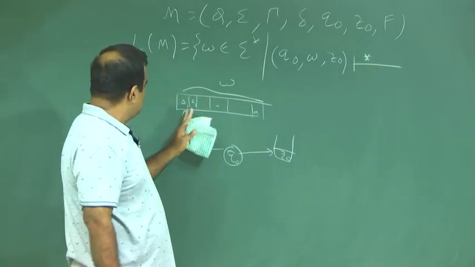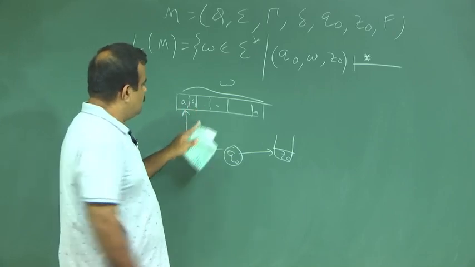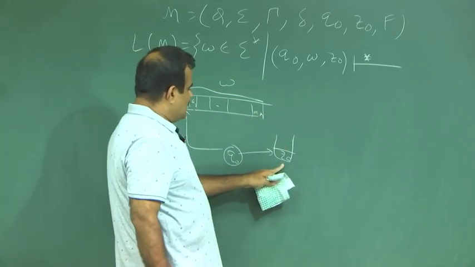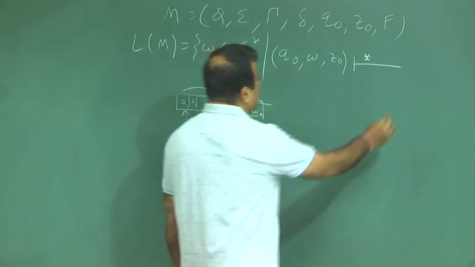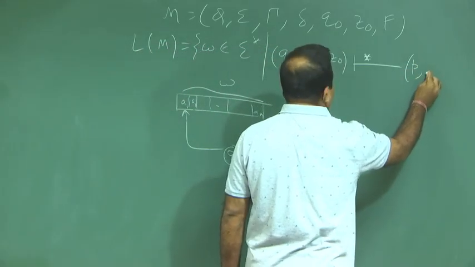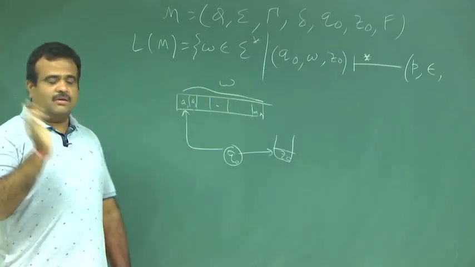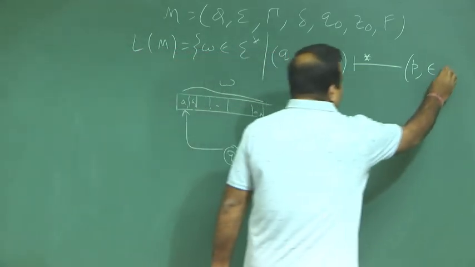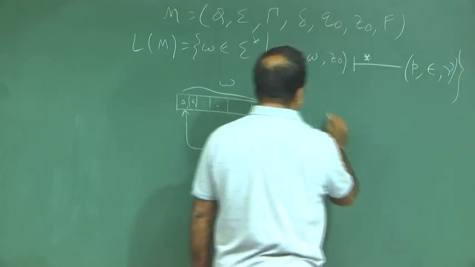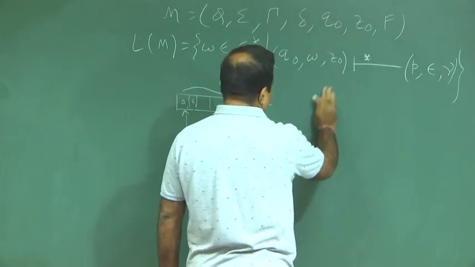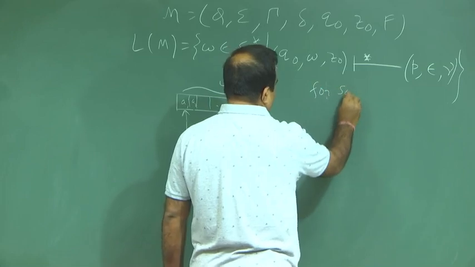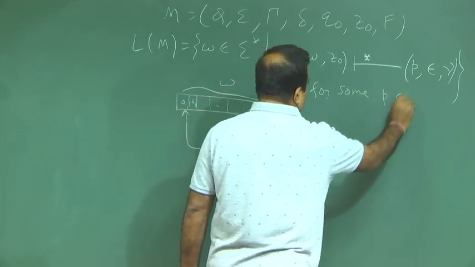So, it will go to the next input and change the stack. Eventually, if it is going to some state p, and the input is over, if we read all the input, and we do not care about the stack, where p is some state from the final states.